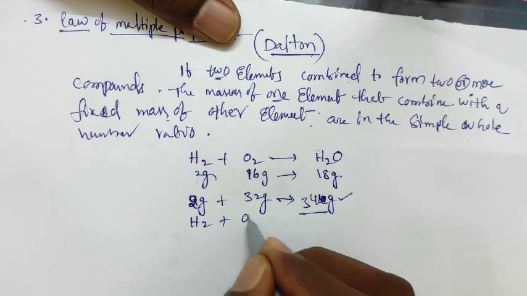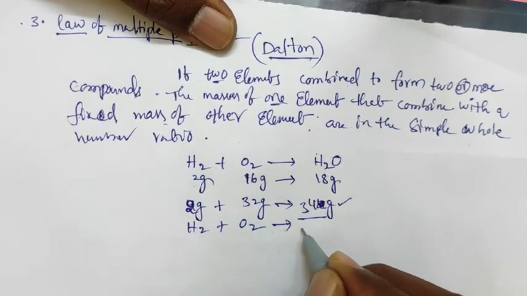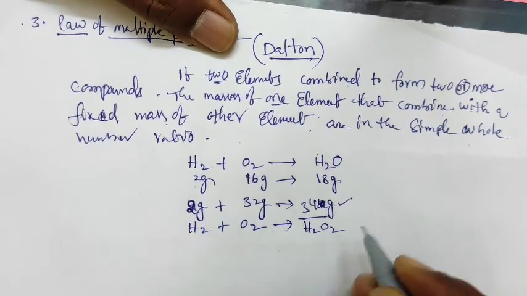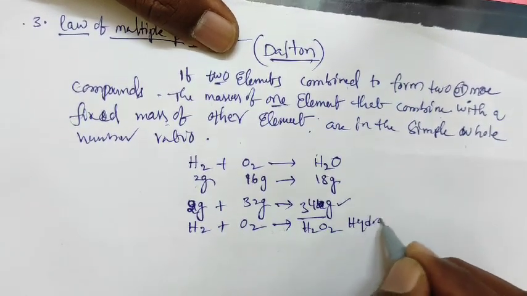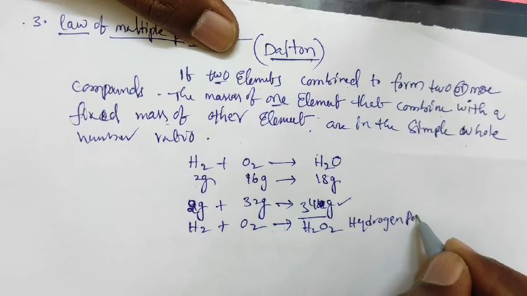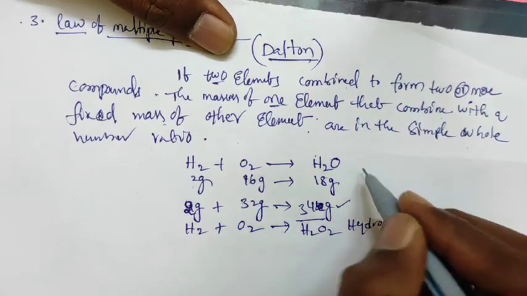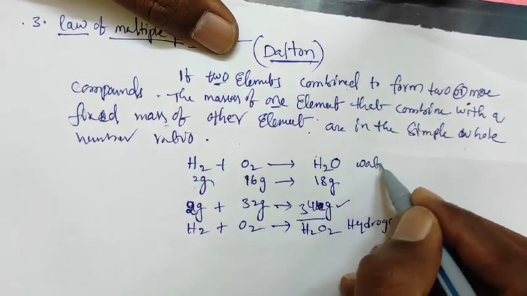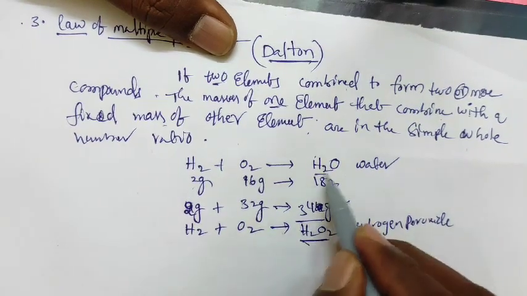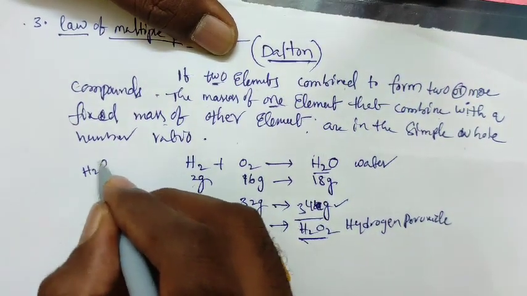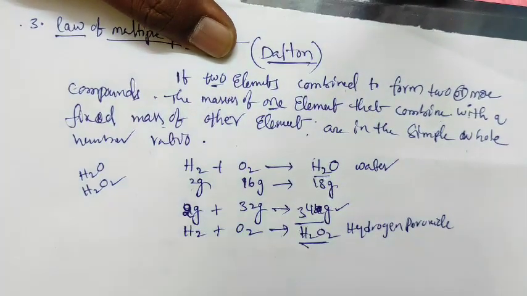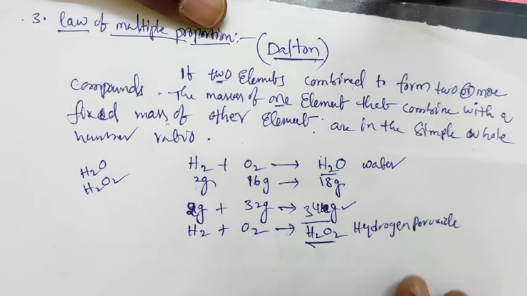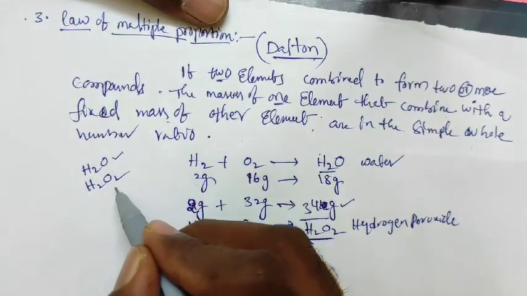H2 plus O2 gives H2O2, hydrogen peroxide. So the difference is H2O and H2O2.